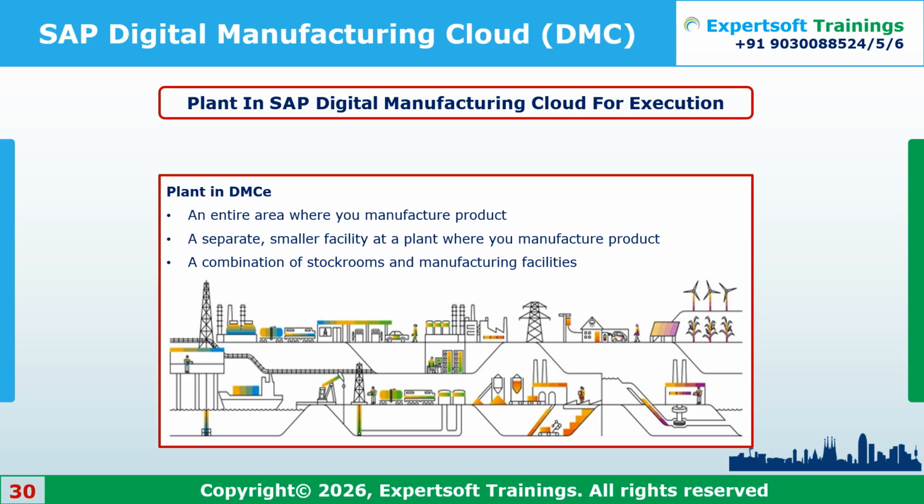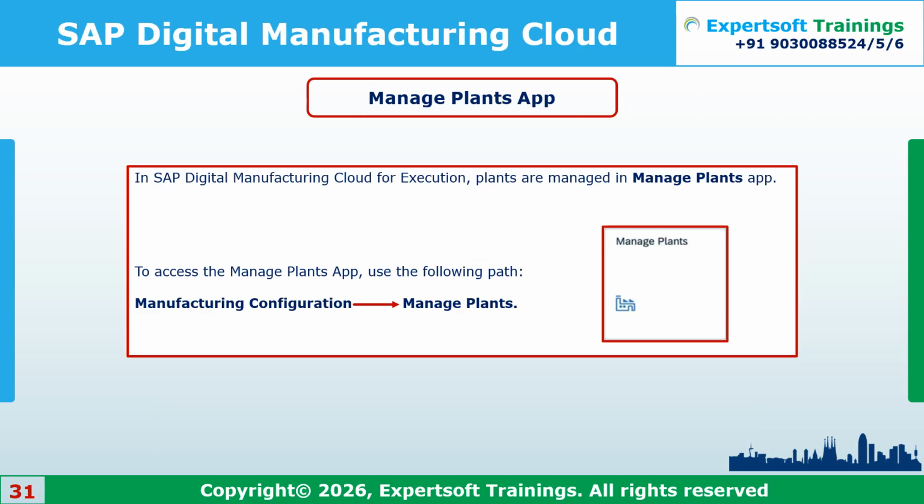The most important thing is that everything will be configured from the plant point of view in DM. So we have the Manage Plants app in the DM. We have to define the plant and assign the roles and responsibilities in this app, so that the person from the plant can access the app or perform the activities in DM.